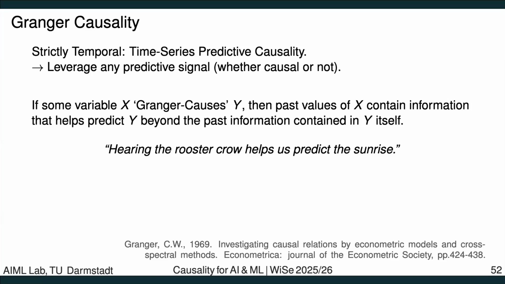One thing is, X not only needs to give me some information about Y, but if we are looking at time series, I can do auto-regression of Y on itself. If I'm able to predict Y from its past values and X doesn't help me anymore, doesn't reduce prediction error, then X does not Granger cause Y, even though I might be able to infer some information about Y from X.